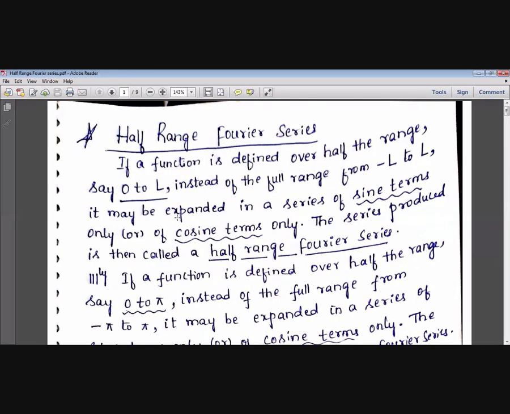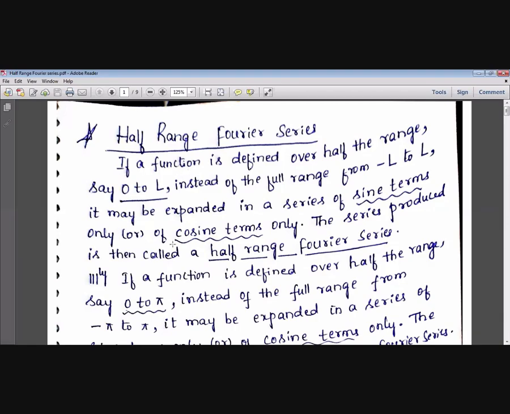Half range Fourier series. In some cases, in our physical problems, we need to express the function in terms of sine only, or in terms of cos only. In such cases, we use this half range Fourier series.